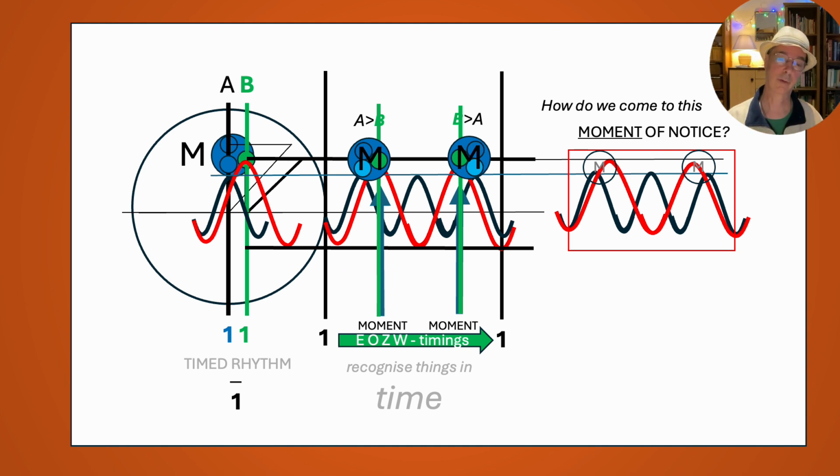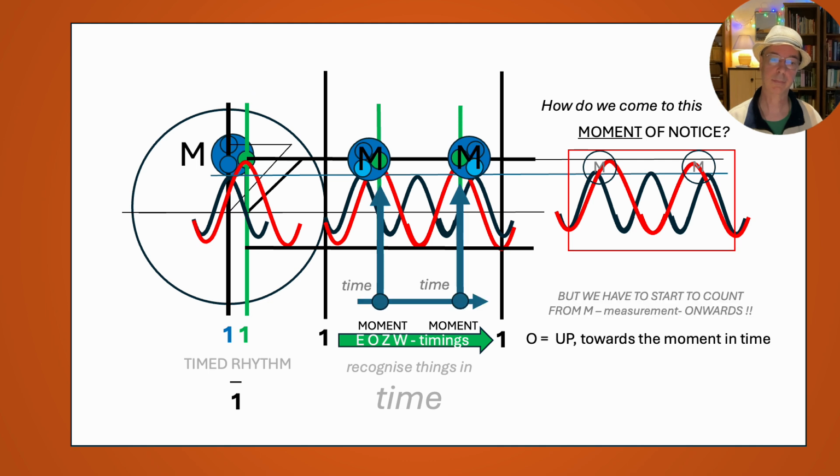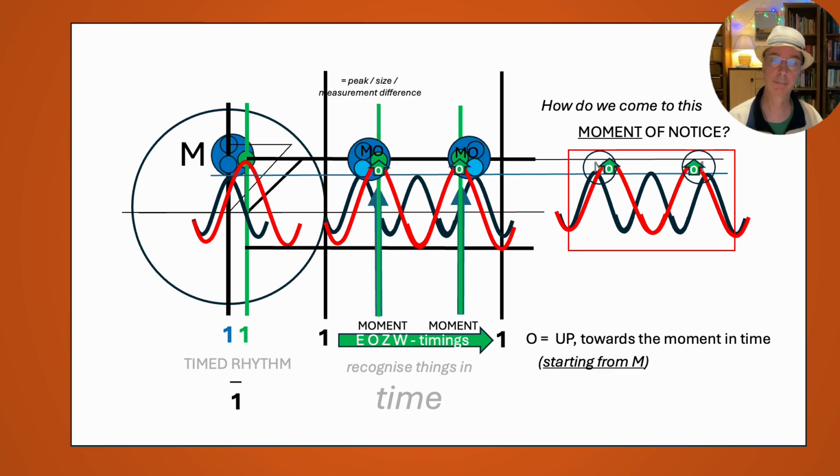So what will be our main focus? Of course, the differences between A and B, which we will try to match in the M's. How do we do that? With O, so we take out the moment of difference, the O, moments of difference. The O is upwards towards the moment in time.